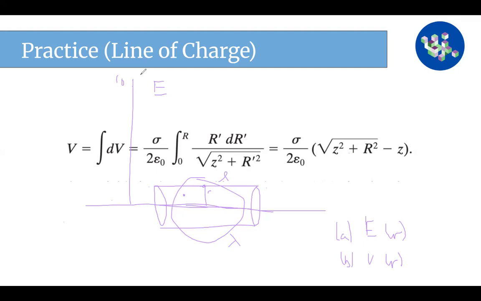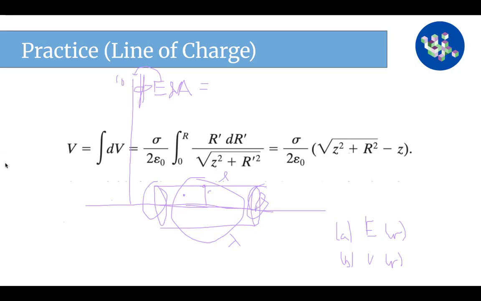That means my E dot dA would be E times dA, because E will always be parallel to the dA. E is constant, so I just pull that out. So E times the integral of dA, well, that's just equal to the surface area of the cylinder, not including these two bases over here, right?